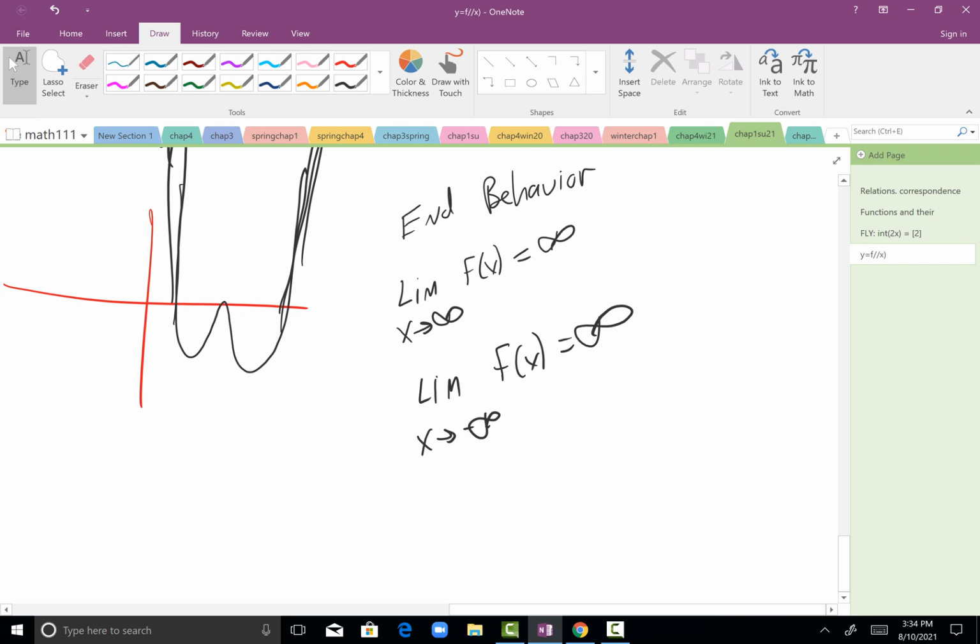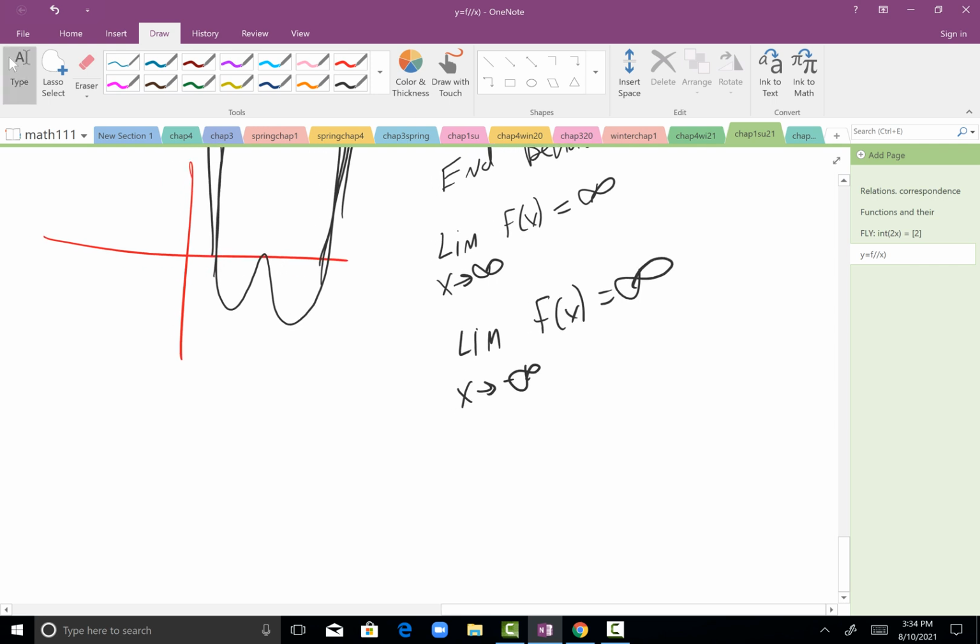Now, if you're writing it or typing it, it's a little bit harder to get this kind of subscript. So how do you communicate to me? You just go like this. The limit, as x, you can use a hyphen with a little greater than sign, approaches infinity. If you can't find infinity, some people can, some can't, type INF.